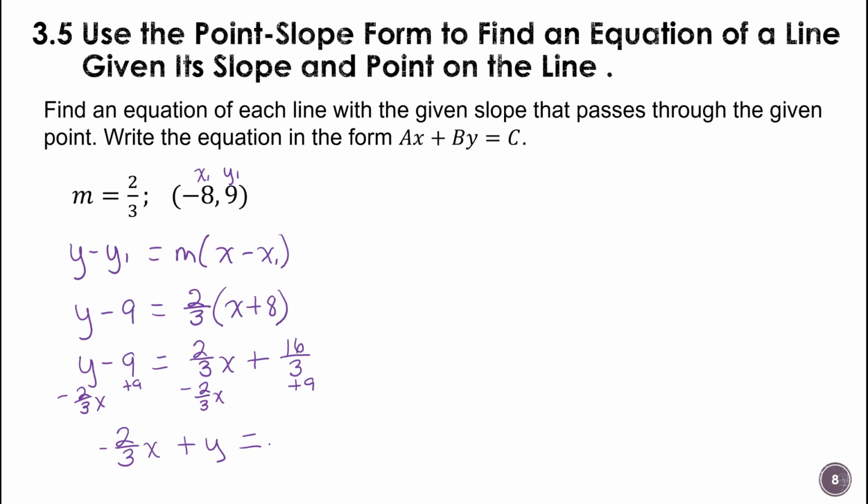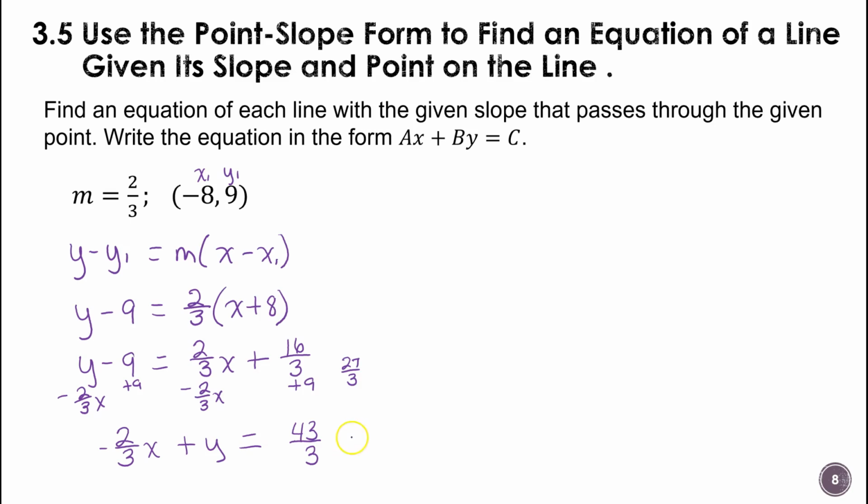Now if I'm adding those together, 9 with a denominator of 3 would be 27/3. And then I'm going to add 16 and 27, which gives 43 thirds.